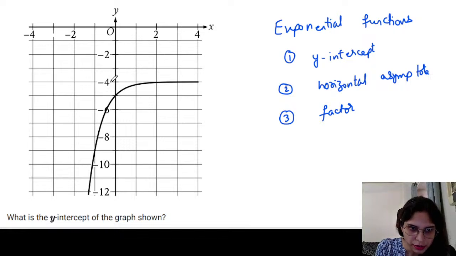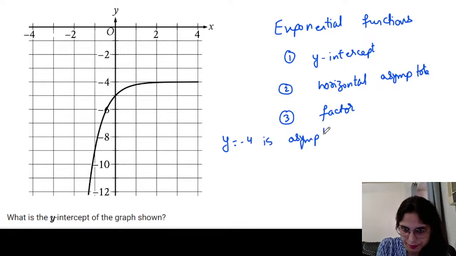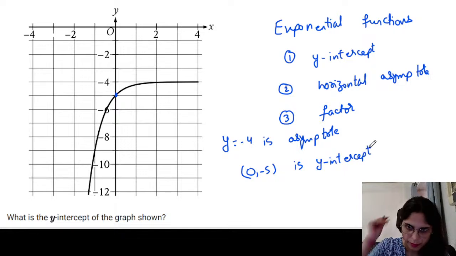In this particular case, your horizontal asymptote is y equals -4. So y equals -4 is the asymptote. And this is your y-intercept, (0, -5). In exponential functions, how can we identify these things?